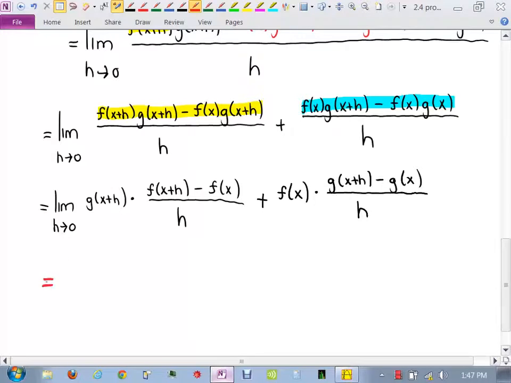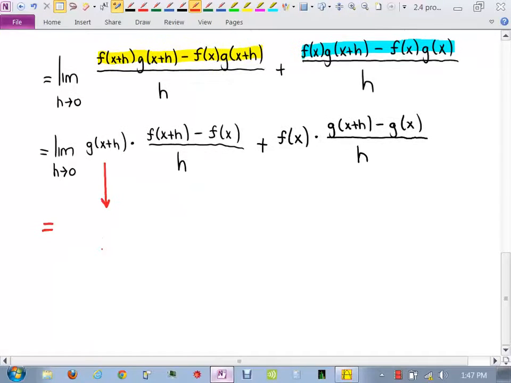This equals, okay, what does g of x plus h go to if I let h go to 0? G of x, okay? Times, what is this? Go back, look in your notes, look at 2.2.1.